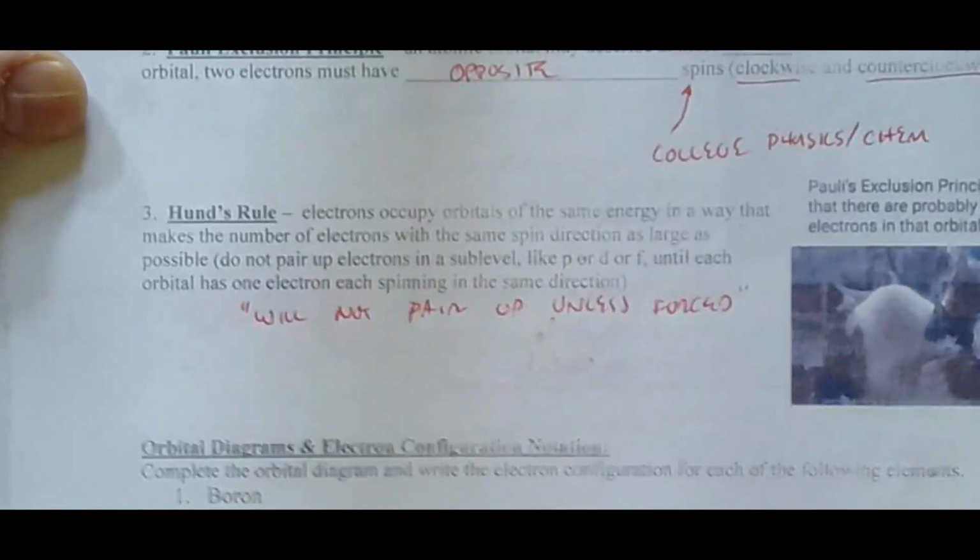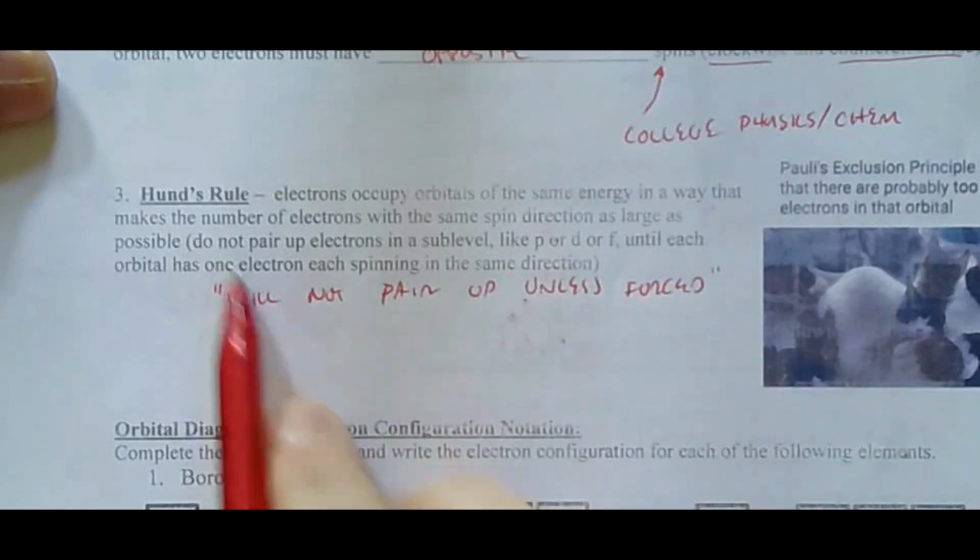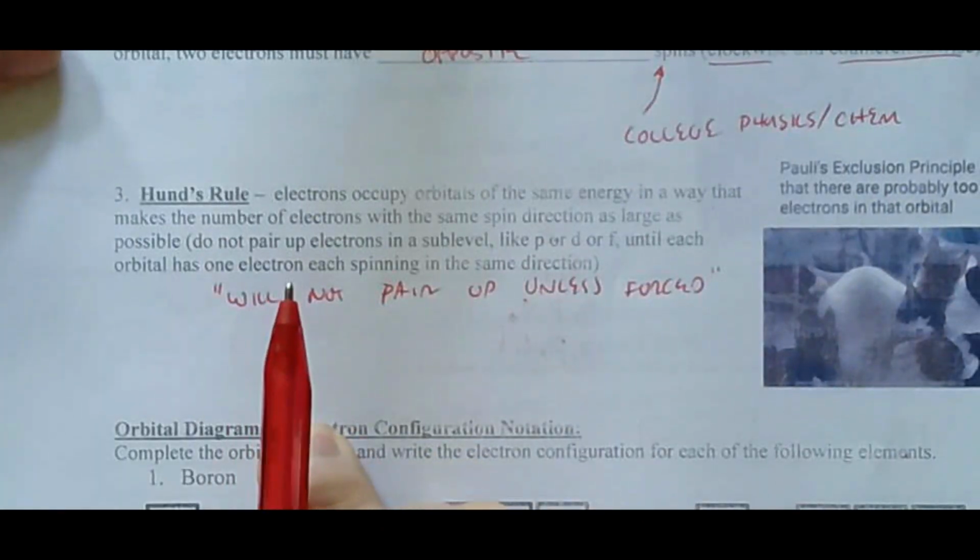Another way to think about the Pauli exclusion principle and Hund's rule is, let's say that at home you have some siblings and your parents, and let's say you've got a 4-bedroom home and maybe 2 other siblings.